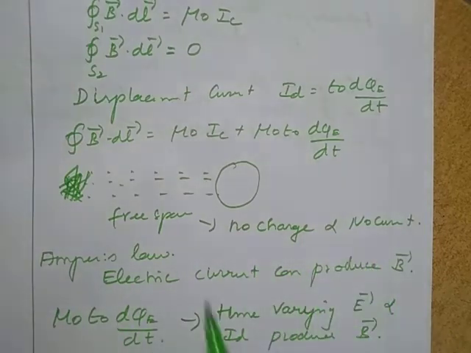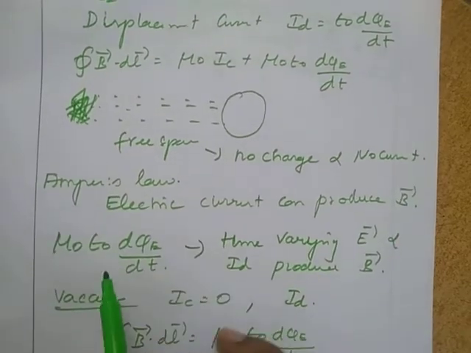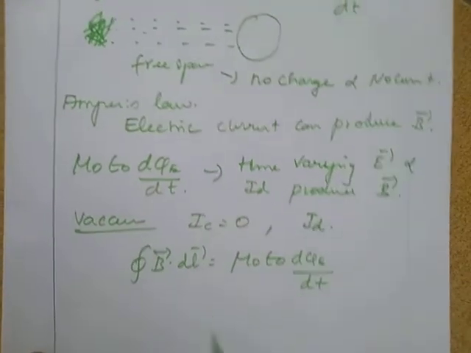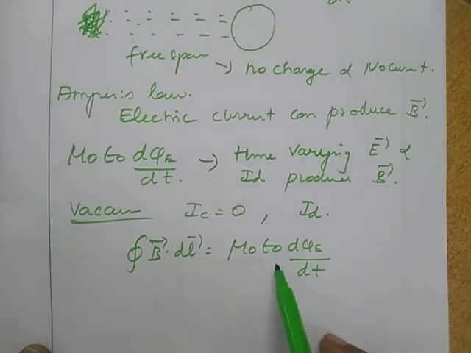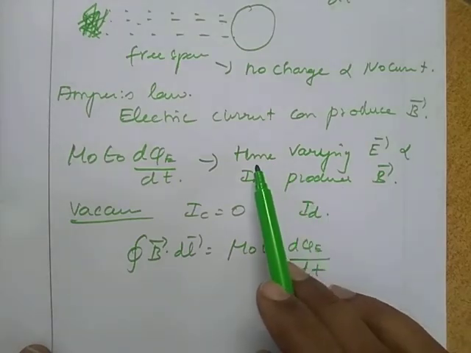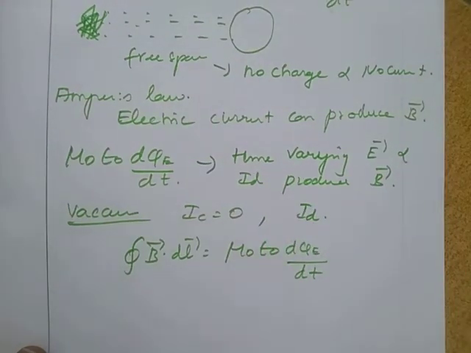But from the Maxwell correction term, mu naught epsilon naught d phi by dt, whenever the electric field changes or the displacement current changes in a vacuum or free space, that also produces a magnetic field.